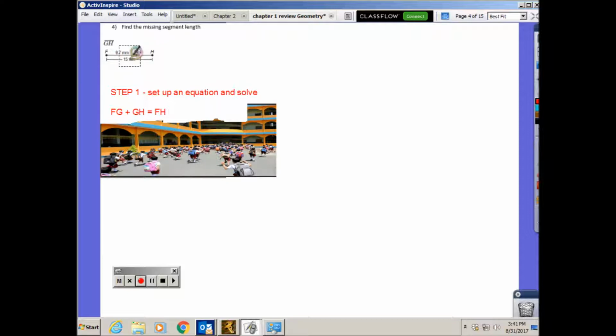F to G plus G to H is equal to F to H. So I'm going to plug in some values here. They tell me that F to G is 9.7. GH is what I'm solving for. The whole thing equals 15. When I subtract 9.7 to solve my equation, I get GH equals 5.3.